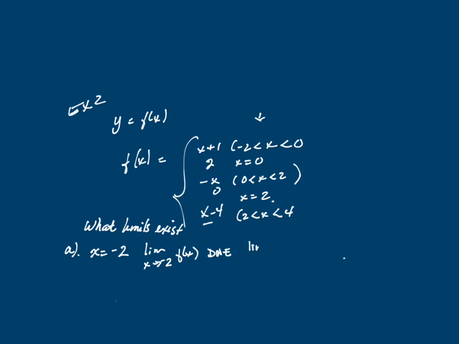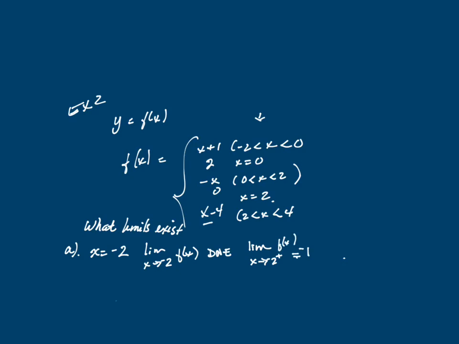But we can say that as x approaches -2, it does exist from the right. It does exist from the right. And so you can say that it is -2 plus 1, so that would be -1.